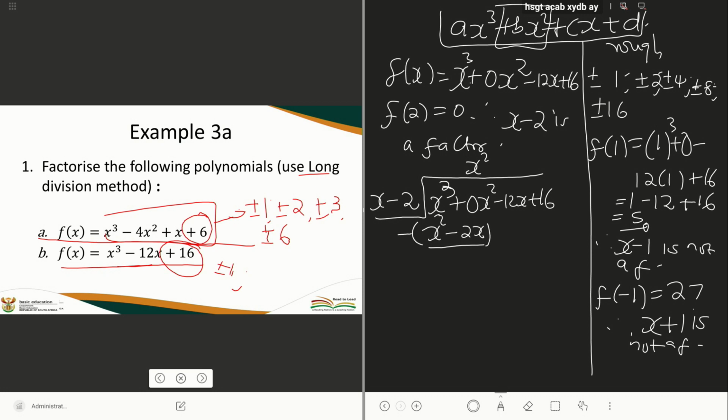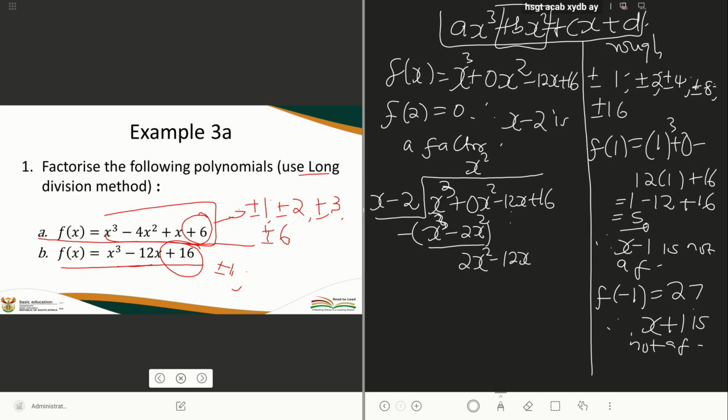X cubed minus x cubed is 0. 0x squared minus negative 2x squared is going to be what? Positive 2x squared. Then you bring down the next term, which is minus 12x.